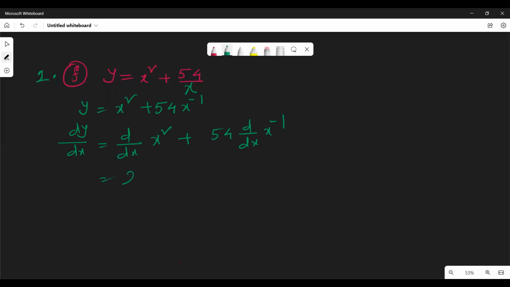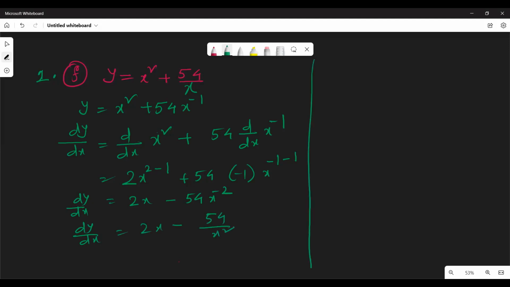So x square differentiated will be 2x, and 54 times minus 1 x to the power minus 1 minus 1. So it will be 2x minus 54 x to the power minus 2. So dy by dx will be 2x minus 54 by x square.